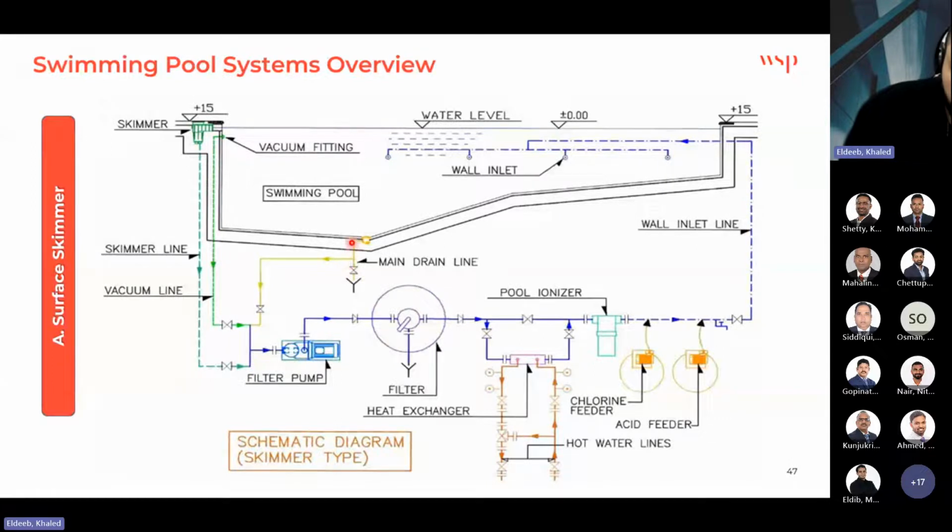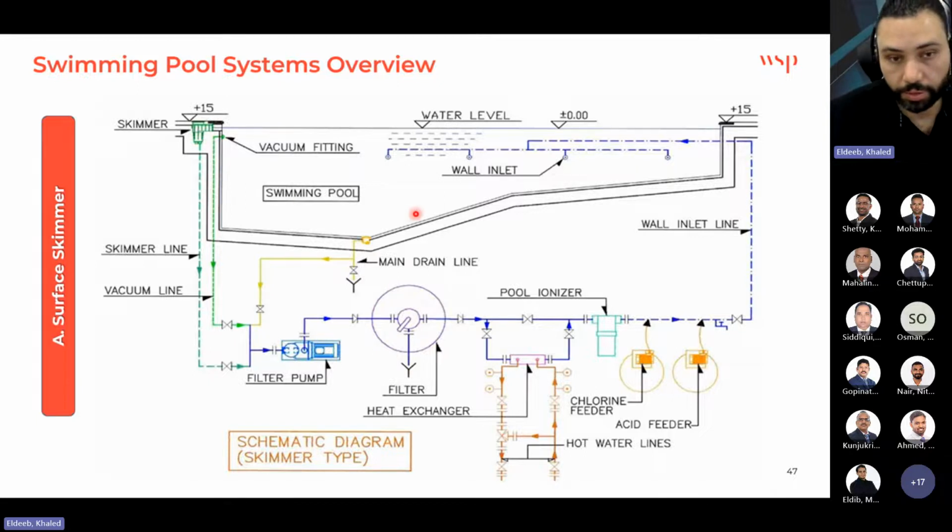We should just provide it as a provision with a valve in case of draining the pool. Why? Because we need to avoid the short circuit between the water inlet and the drain. We need to ensure the filtered water goes through the entire pool until going to the skimmer outlet here.